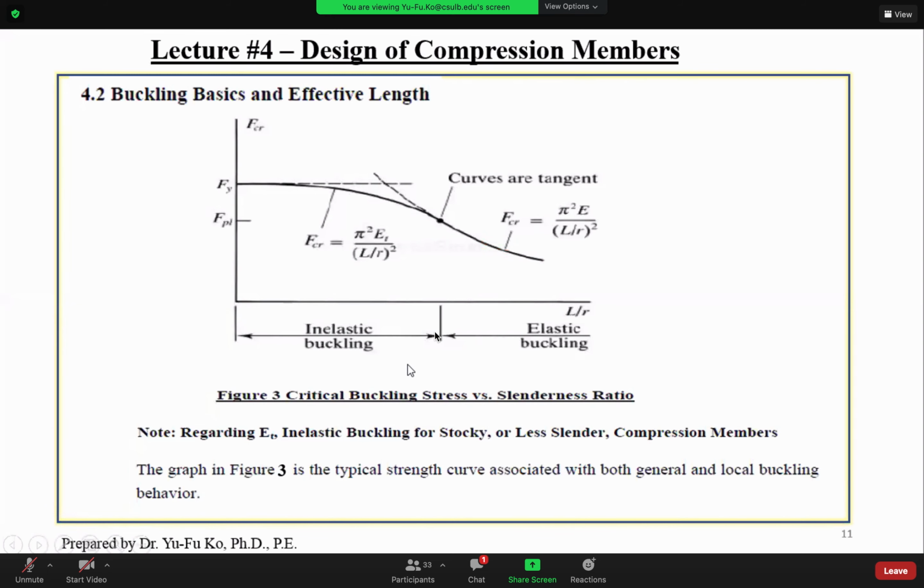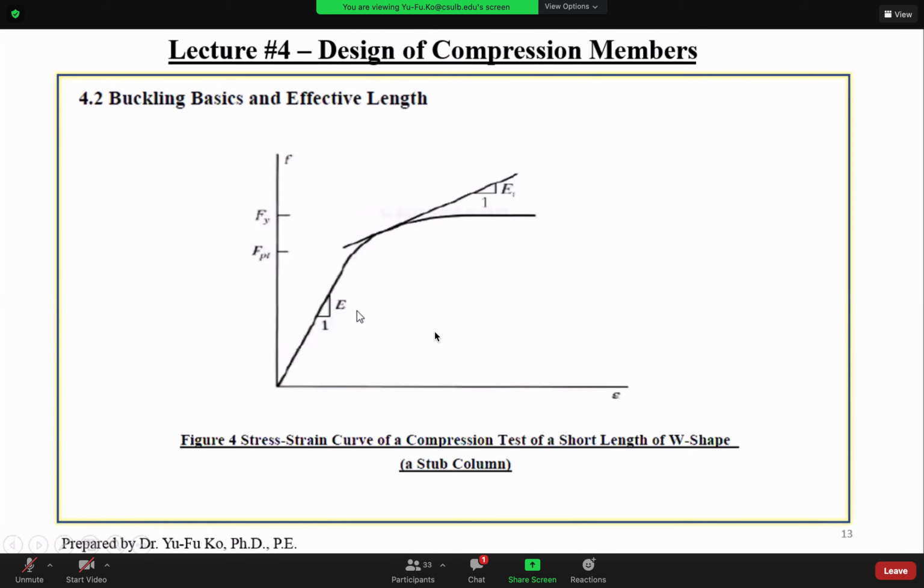So, what is elastic buckling? Elastic buckling means all the stresses inside the member are elastic. Meaning, for elastic buckling, you are in this range.